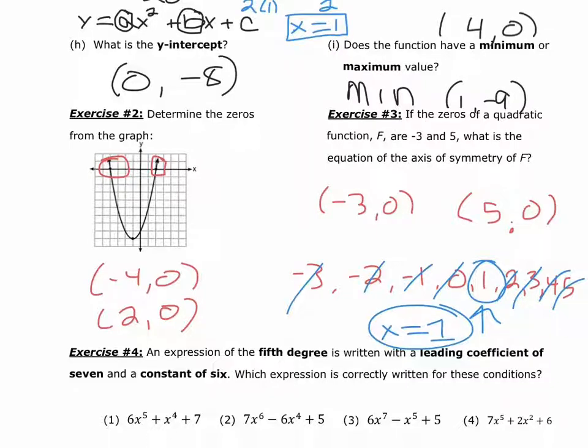The reason why is because on a parabola, everything is symmetric. So this point matches this point. It's going to be the same distance to your axis of symmetry, your turning point. So that's why that works.